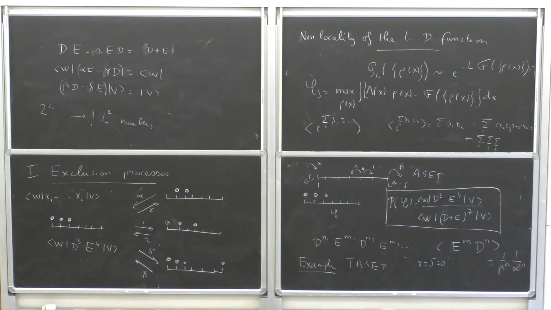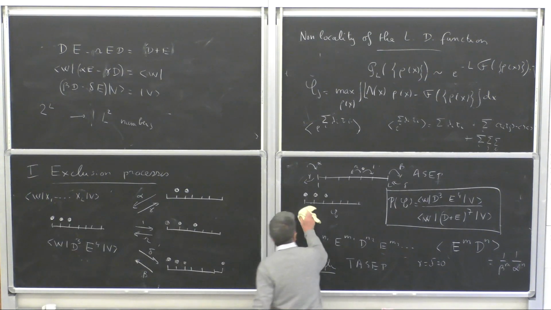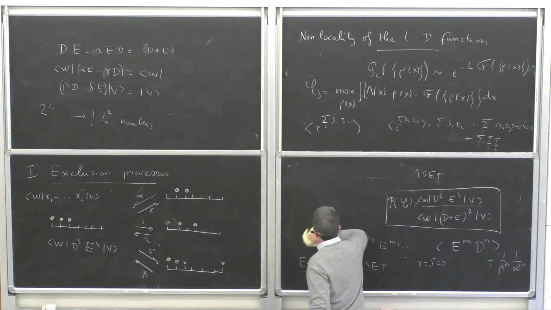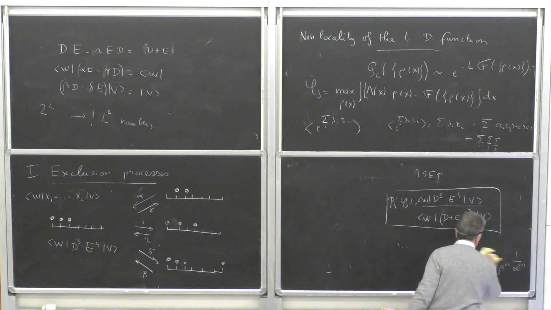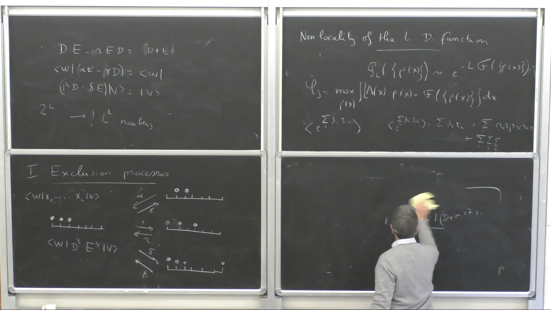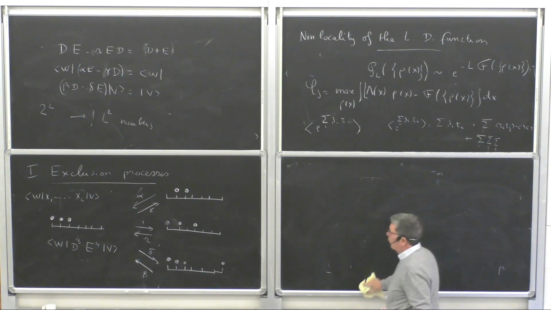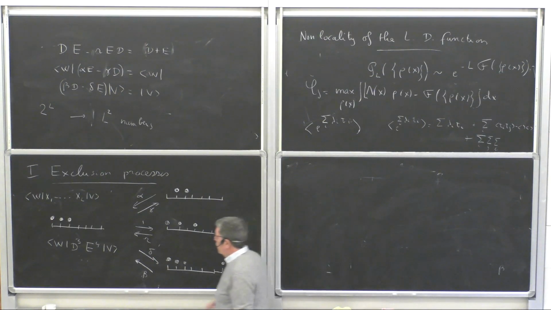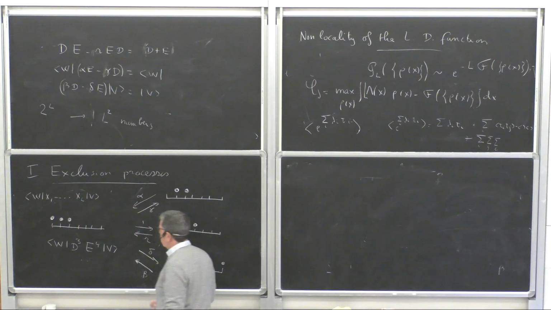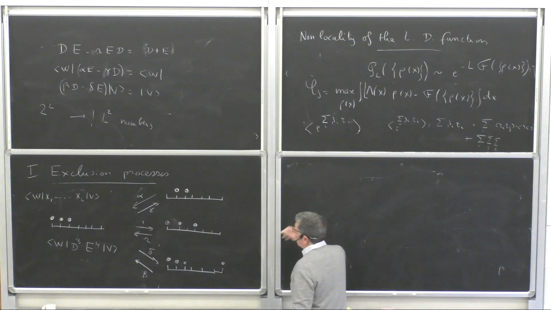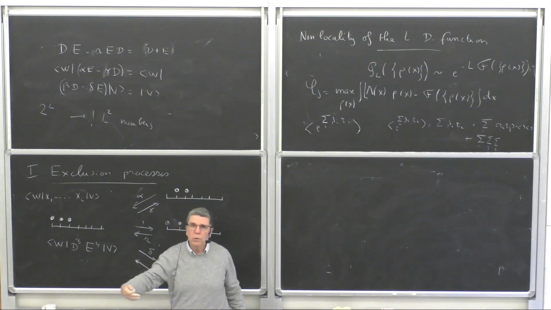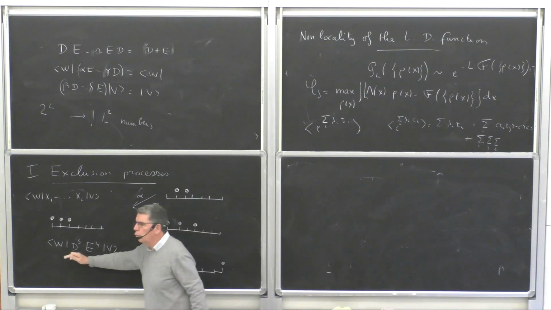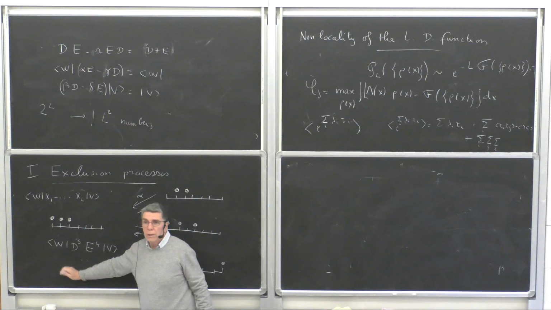Now let me see what happens. There is the weight of this configuration. When I am in this configuration, I can escape from it, so this means I am going to lose the weight of this configuration.